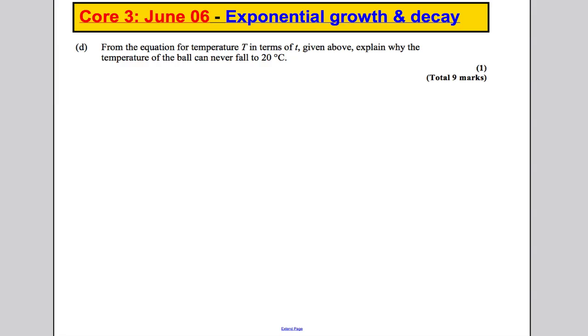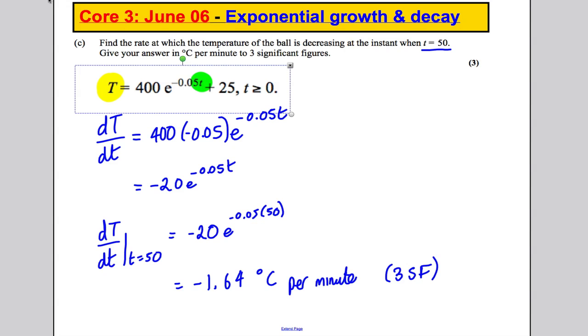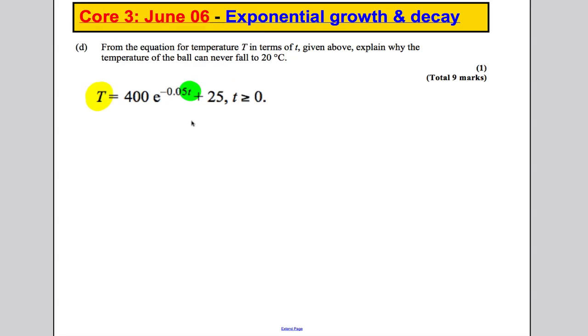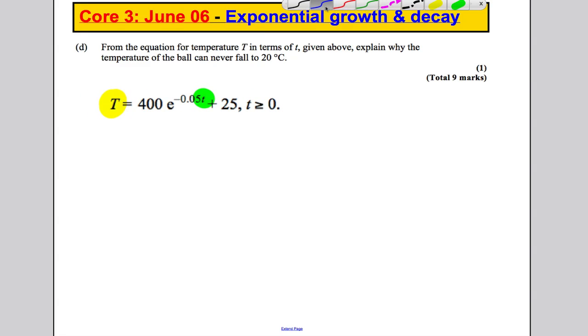And part D finally, from the equation for temperature in terms of t given above, explain why the temperature can never fall below 20 degrees. So get back your temperature formula here. If you let the time go off towards infinity, you let time go absolutely massive, t tends towards infinity, then e to the negative 0.05 t tends towards 0.